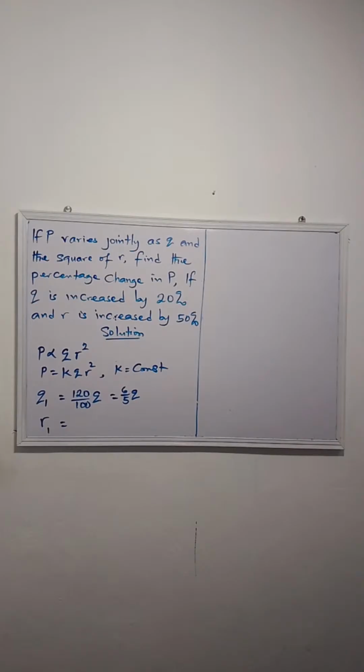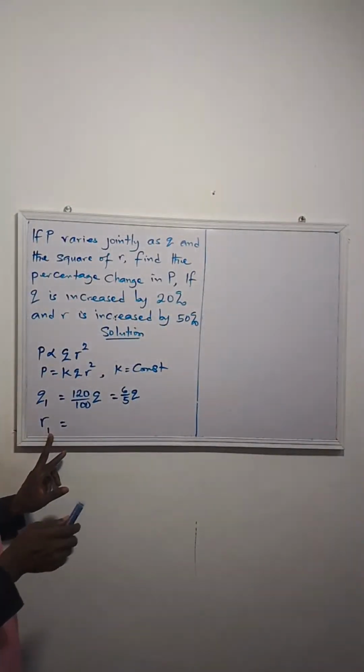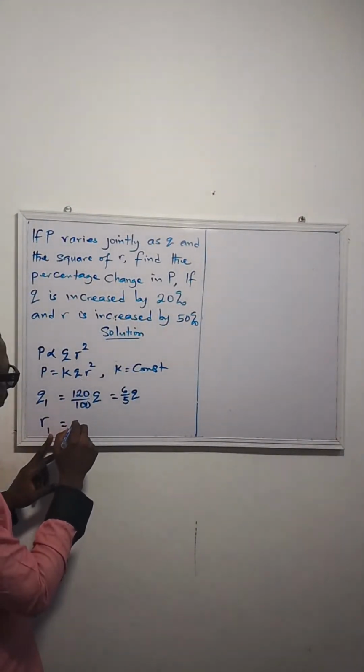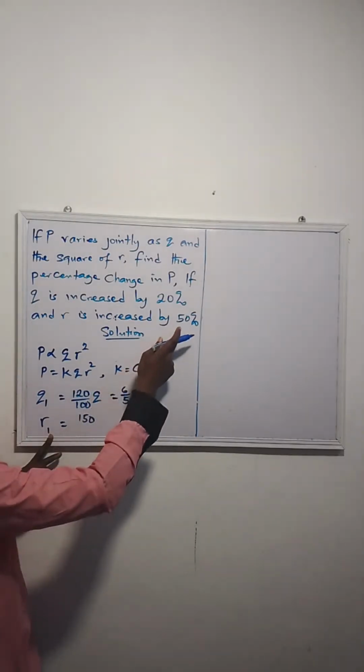Okay, so now let's look at it together. Nahila, 9 over 4R squared. Let's see what we are supposed to have and compare. Now, R1 is what? 150 because it has been increased by 50.